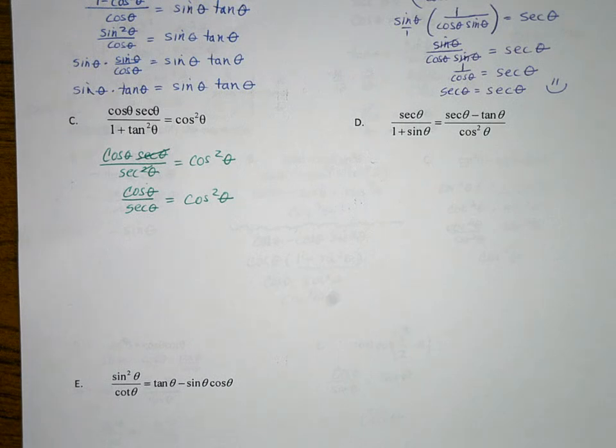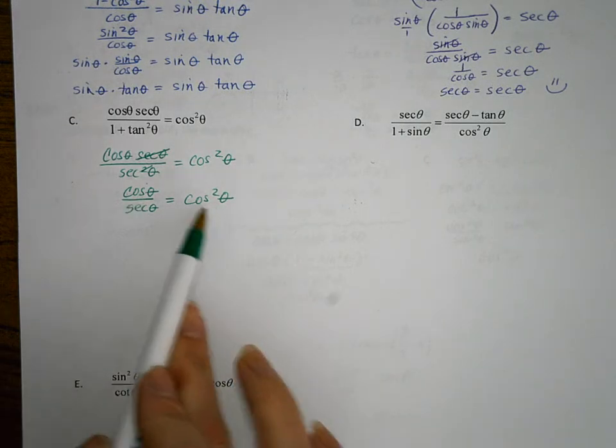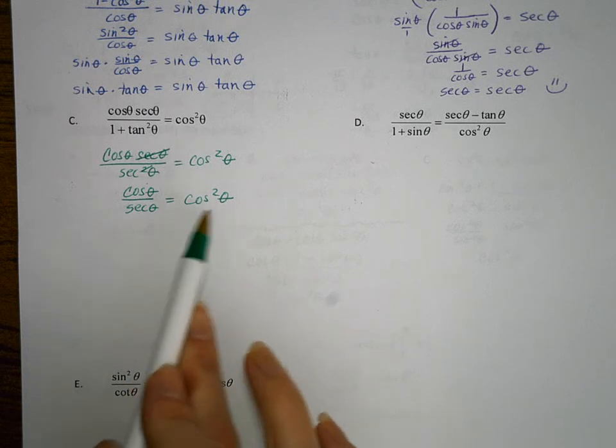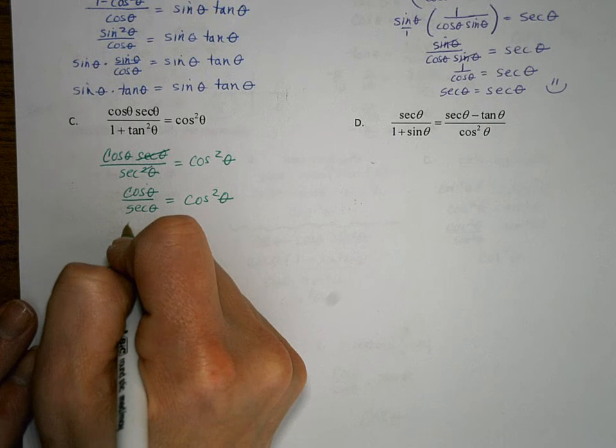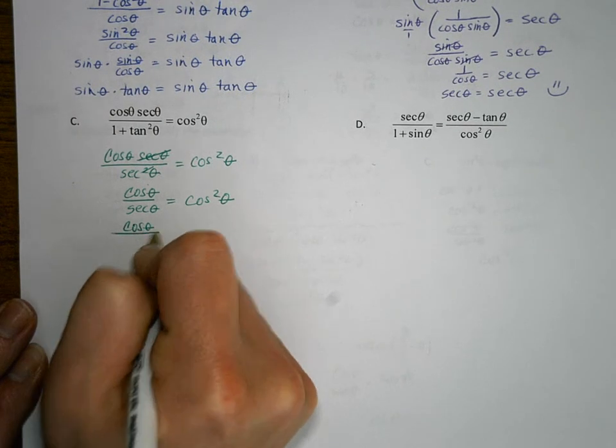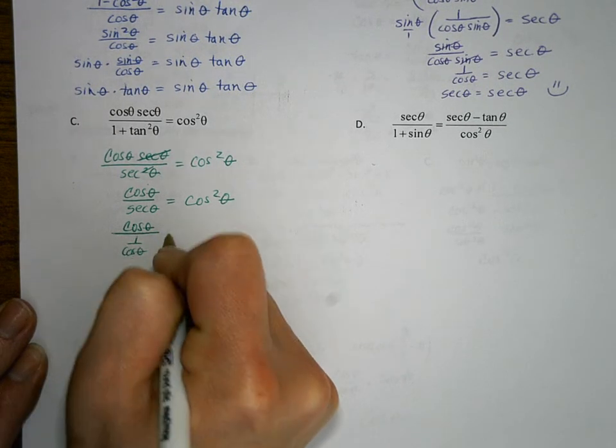Now what? Obviously this cosine, I'm not touching it, because I know I'm trying to get towards cosine squared. So what am I going to touch? What is secant? 1 over cosine. So this is cosine over 1 over cosine equals, bringing it down, cosine squared.